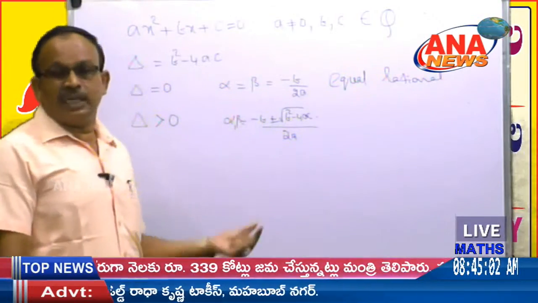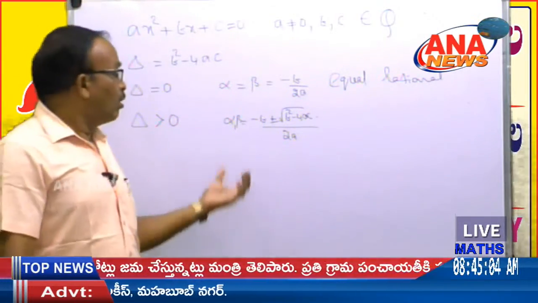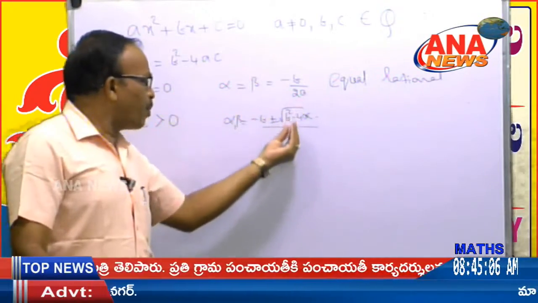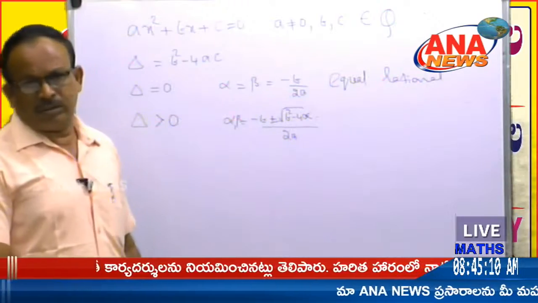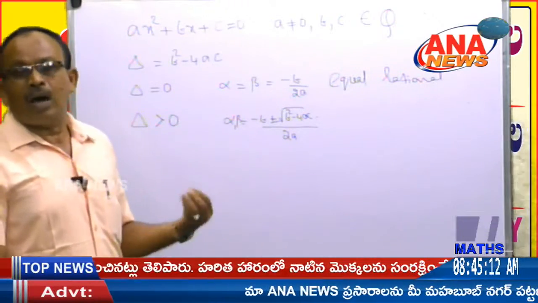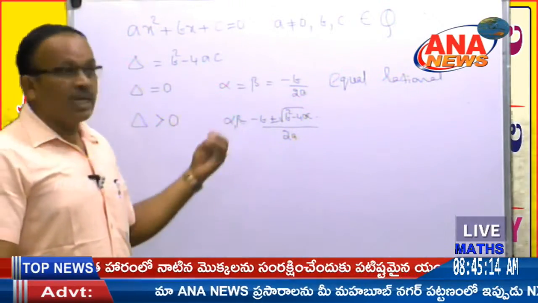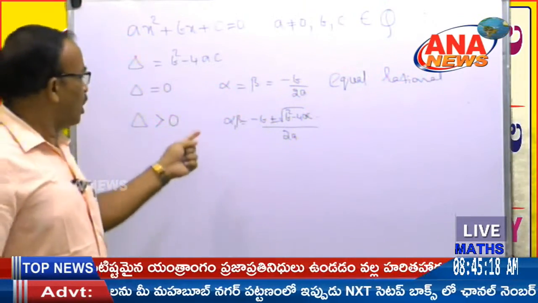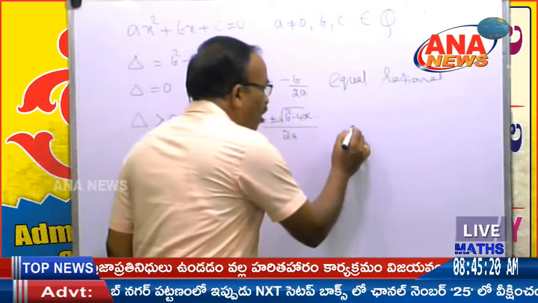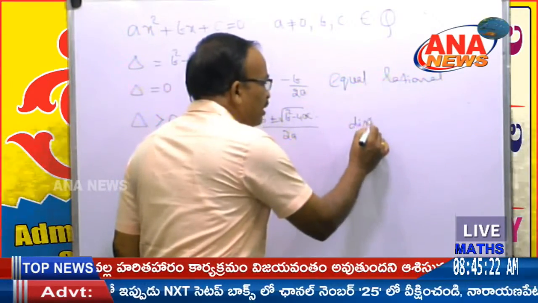Minus b is rational, 2a is rational. So clearly all these three parts are rational values, so sum or product or quotient are rational values. So clearly alpha, beta are distinct rational.